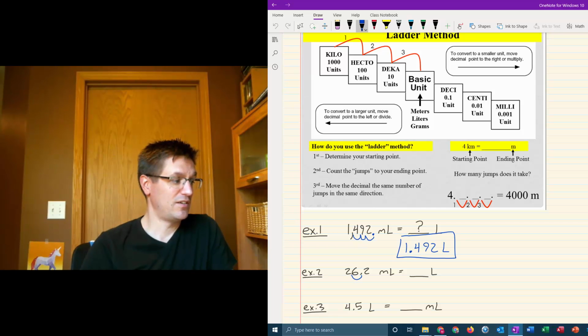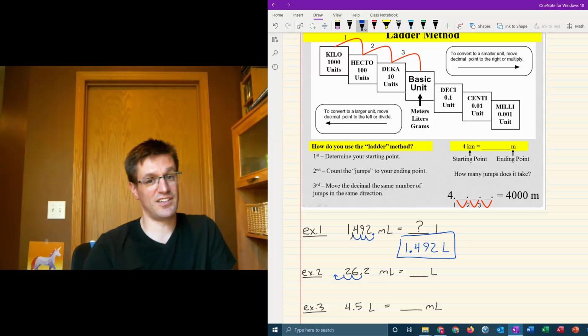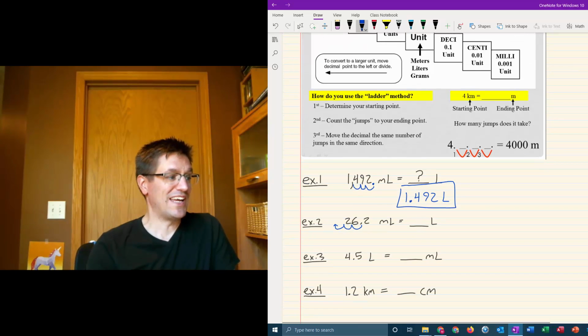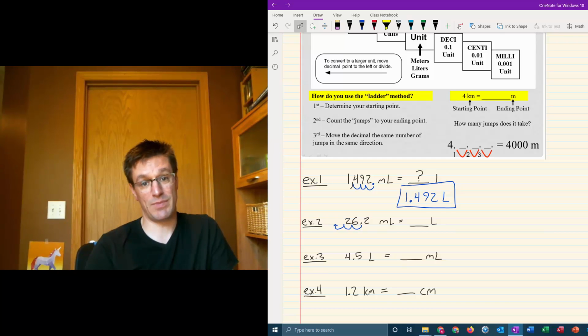I had to go 3 steps left, but there aren't enough digits in my original number to deal with that. So what do we do? Well, anytime you run into a situation with this method where you have to move the decimal past a space where there is no digit, you just add a 0 right there.